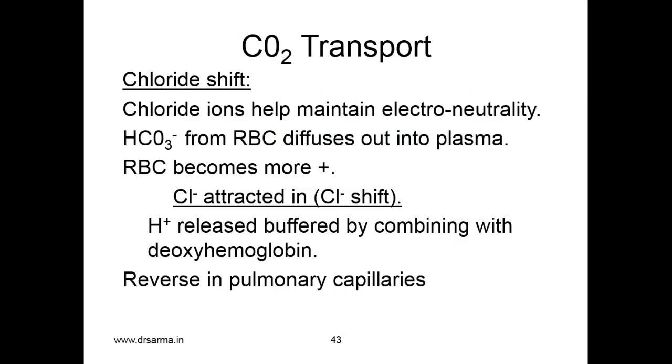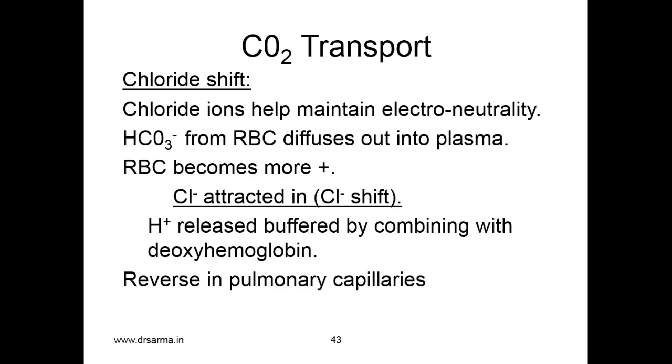And with this, and we'll see this on, I think, the next slide, in order for the red blood cells to do this and remain electroneutral, bicarbonate ion is temporarily expelled out of the red blood cell, and that's a negative ion.